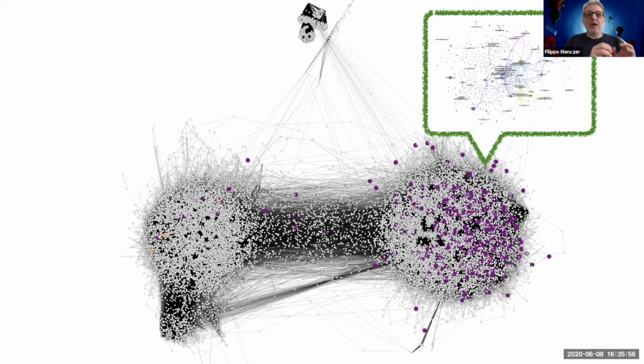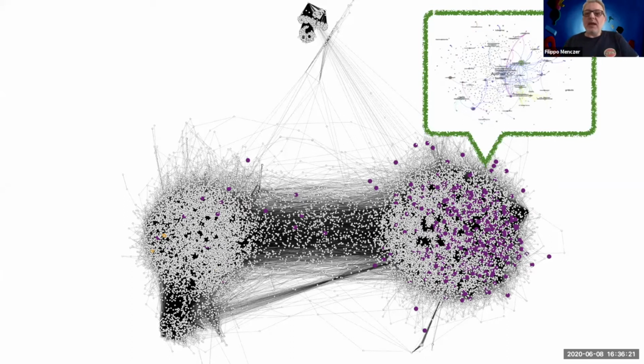And so, as you can see here, most of the people who were vulnerable to this particular misinformation were on one side, in the echo chamber on one side of this network. And then the few people who were exposed to the corrections were in a completely different part of the Twitter sphere. So basically, the people who were most vulnerable were least likely to be exposed to correction.